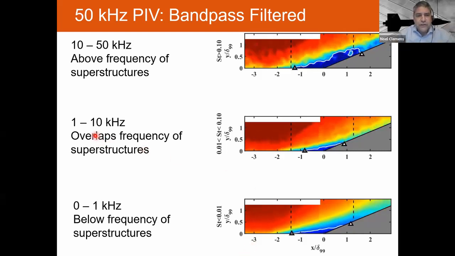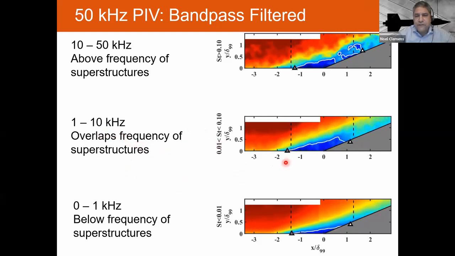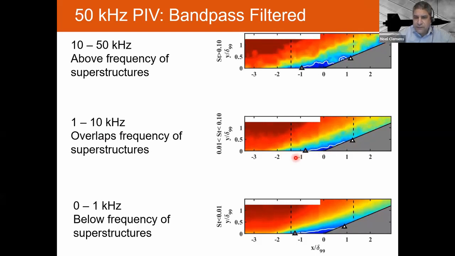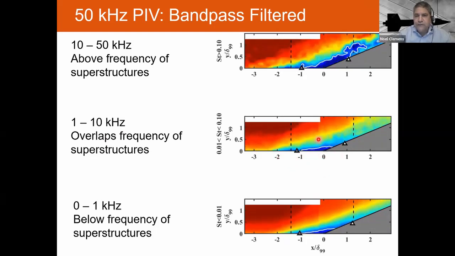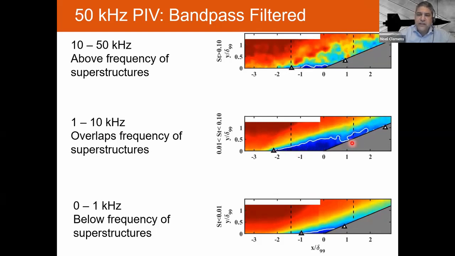Then as you go to the mid-frequency band, 1 to 10 kilohertz, which overlaps the frequencies of the superstructures, you see something similar, although you definitely see much larger changes in the separated flow scale than for that very low frequency band. It does appear to be a little more chaotic.